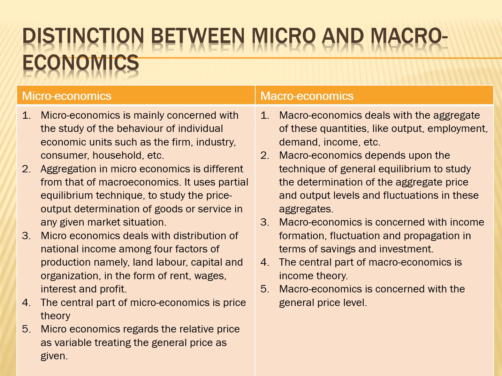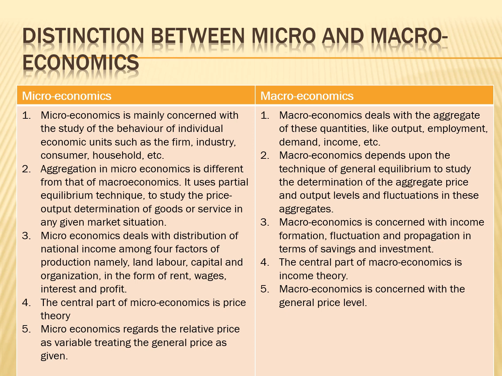Third one is microeconomics deals with distribution of national income among four factors of production, namely land, labor, capital, and organization, in the form of rent, wages, interest, and profit. On the other hand, macroeconomics is concerned with income formation, fluctuation, and propagation in terms of savings and investment.